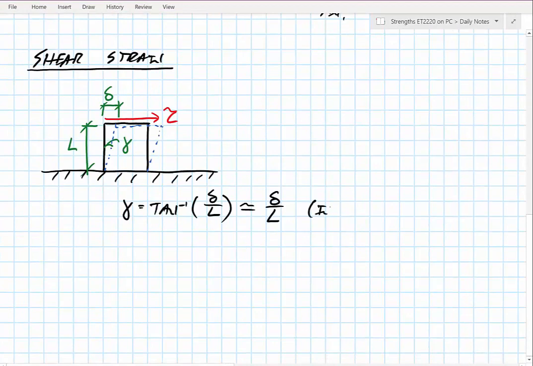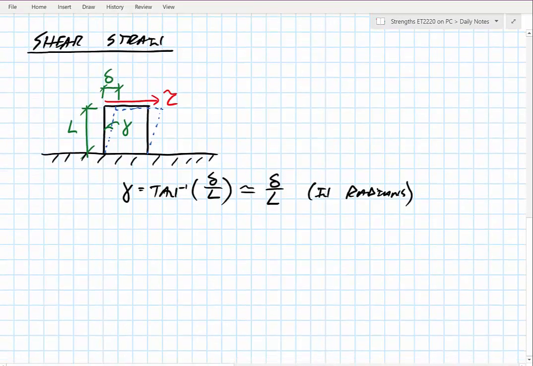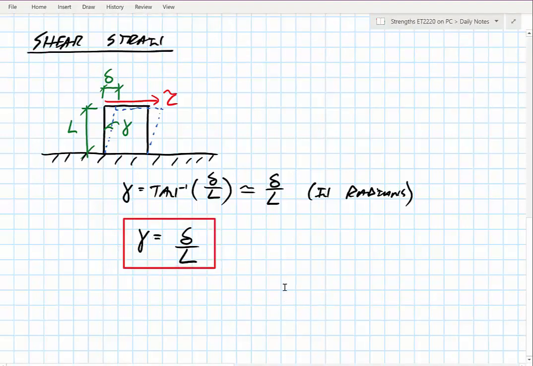However, you should note that this would be in radians if you were to do that type of small angle approximation. So for an equation, I can just write it out as you have it in one simple place. Our gamma is equal to our delta over L for our shear strain.